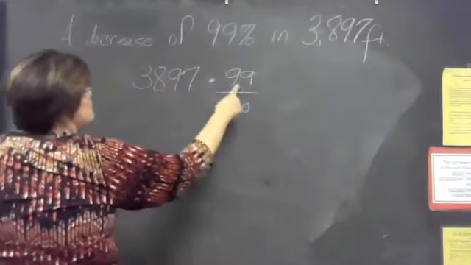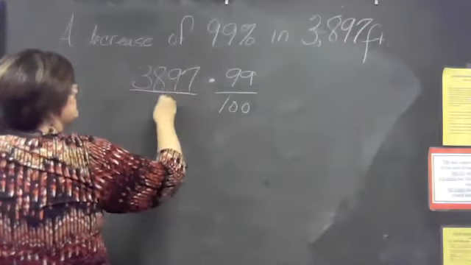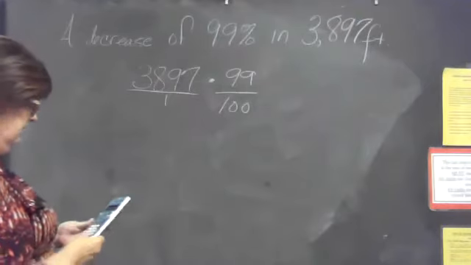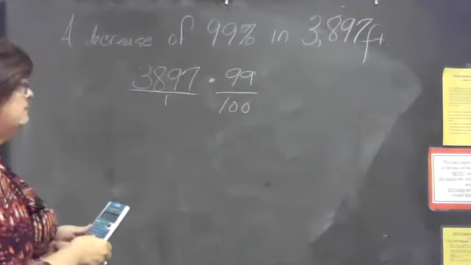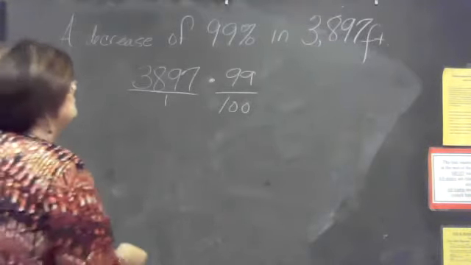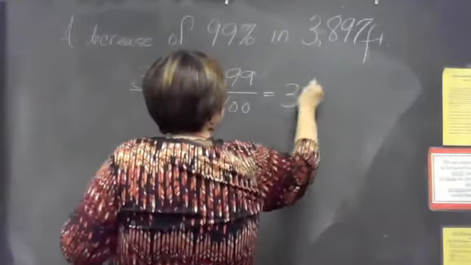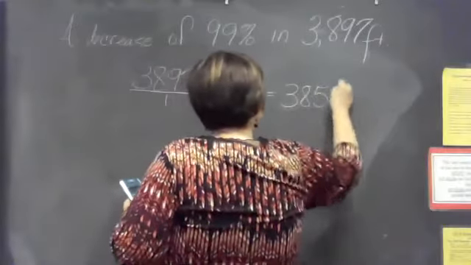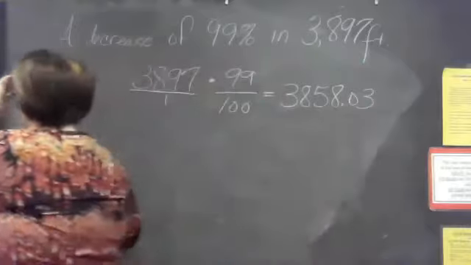I want to find 99% of the original number, and this is definitely calculator stuff. Our answer here is 38.58. Is that what y'all got?